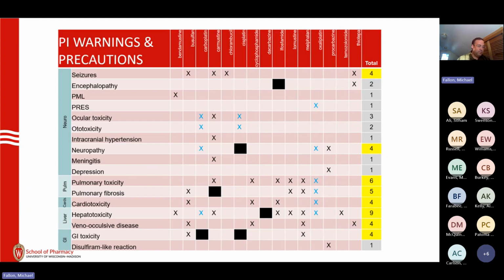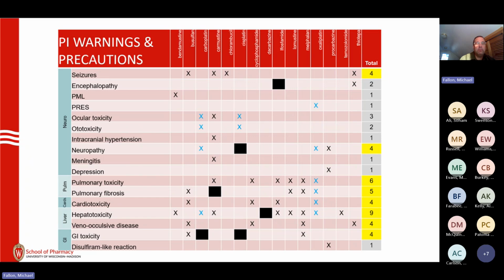There are 30 black box warnings for alkylating agents. It's one of the highest of any class. On this diagram, I went head to toe on the adverse effects. If it's a black box, that is a black box warning. If it's an X only, that's a package insert warning or precaution, so not a black box.